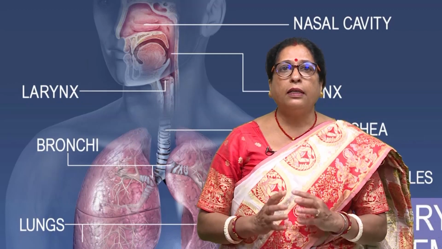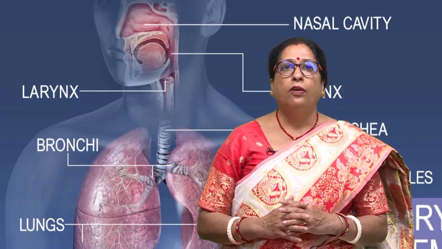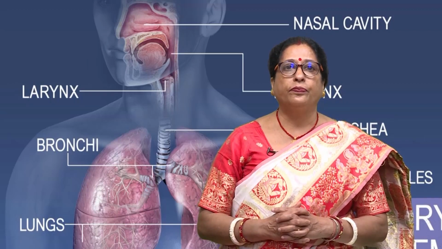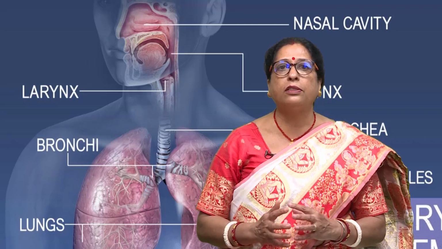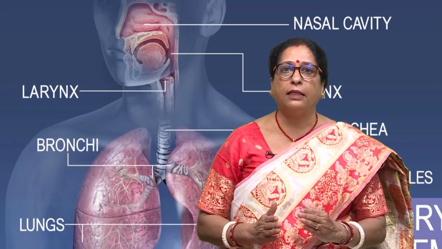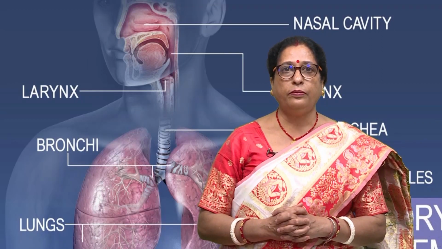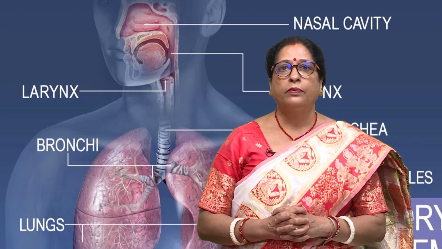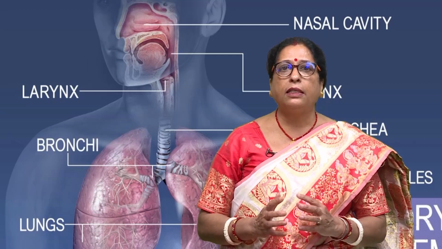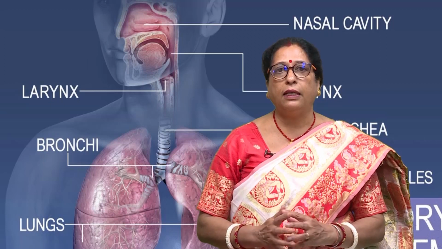The conducting zone provides a continuous passageway for incoming and outgoing air to travel. The conducting zone consists of the nose, pharynx, larynx, trachea, bronchi and bronchioles. It is important to remember that all structures in the conducting zone only deal with air.